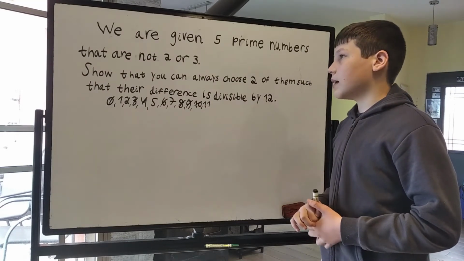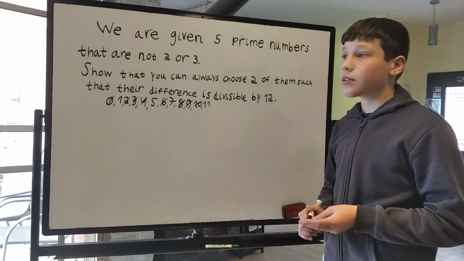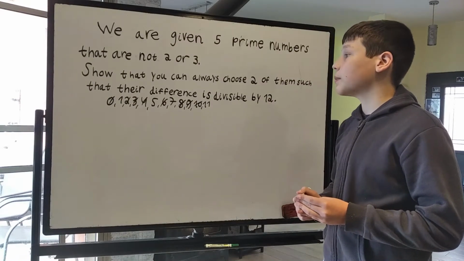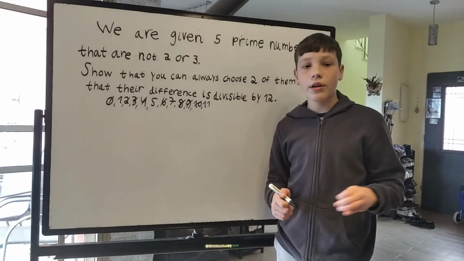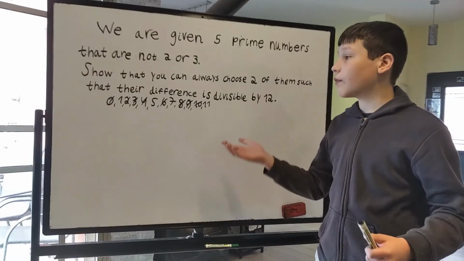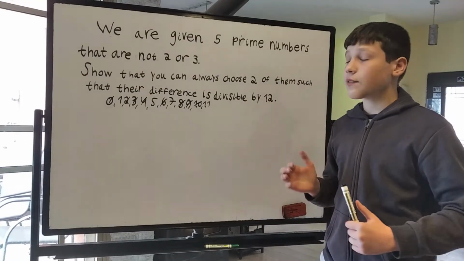Meaning that no matter what, the 5th number will have the same congruence as one of the other 4. We can't have 5 different ones by definition.